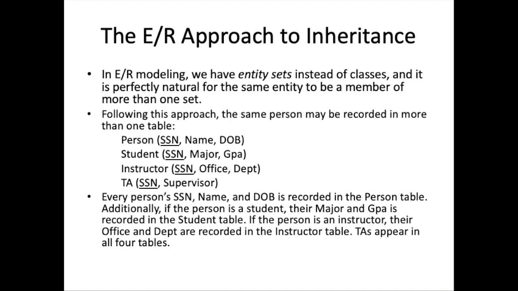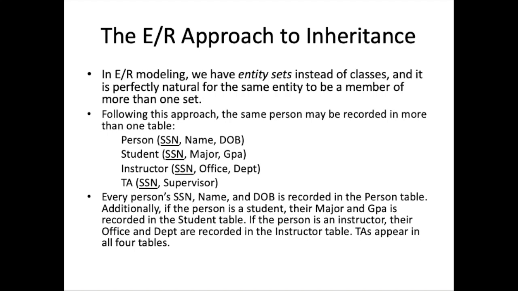Right? So the person table is going to look the same as before. We'll have the social security number, name, and date of birth. The difference is that in the person table, we're not going to record just generic people like Wilma, the librarian, but we're going to record every person in the person table. So the person table is going to contain everyone's name and date of birth.